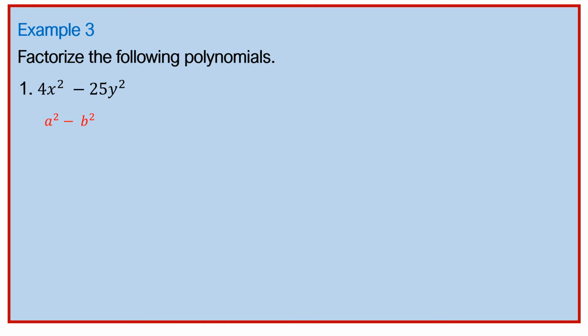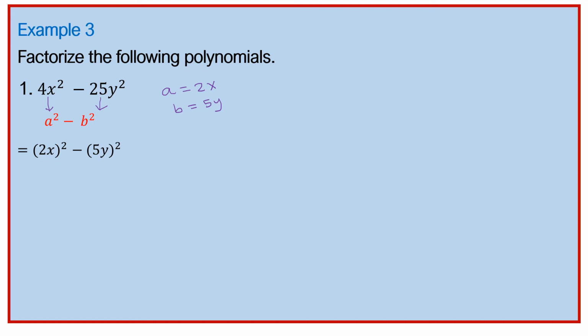So 4x squared minus 25y squared is the same as a squared minus b squared, which implies that 4x squared is a squared and 25y squared is b squared. This means that a is 2x and b is 5y.